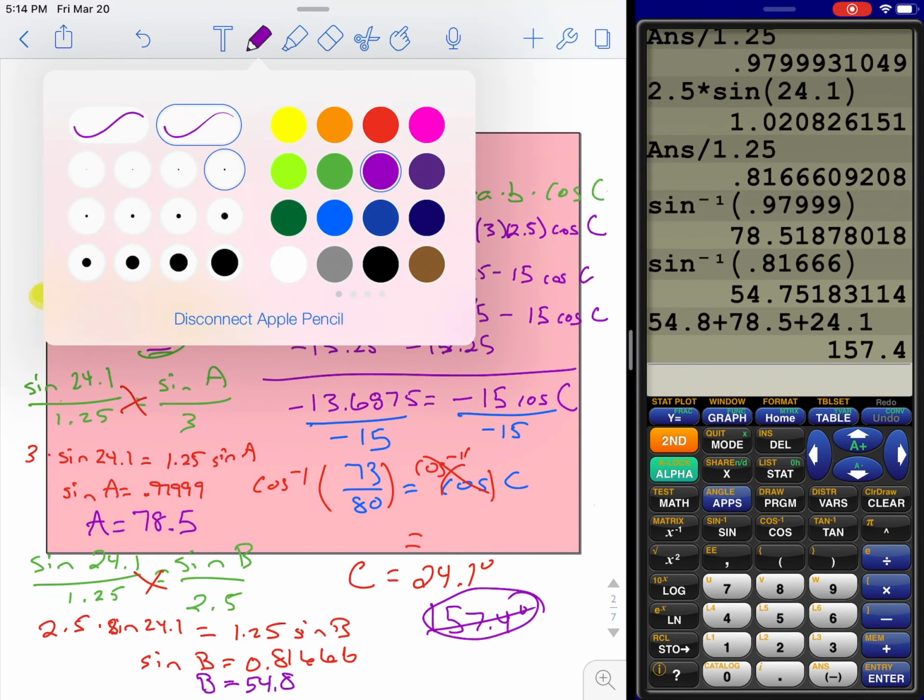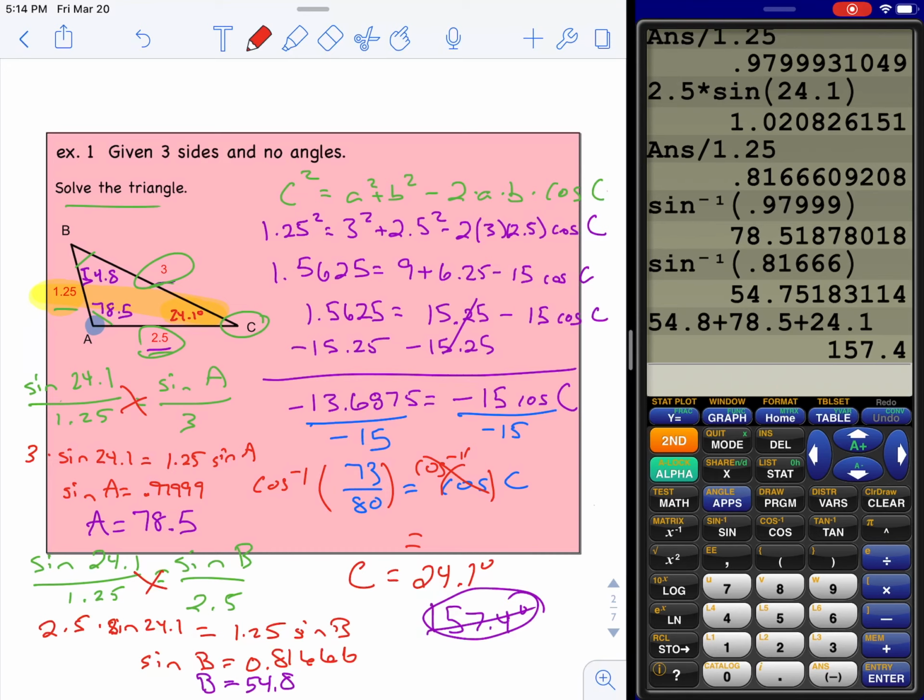As soon as you see that you have this problem, the first thing I want you to do is go back up and look at your three side lengths. 3, 2.5, and 1.25. And where you are missing degrees is going to be this angle that looks out on that biggest side.